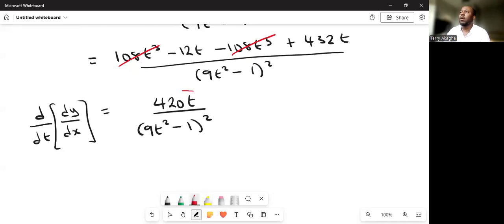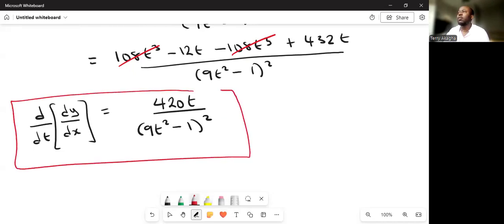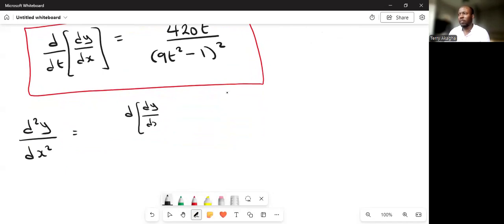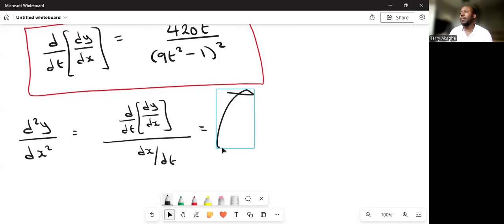The next step is that we're not looking for the differentiation of dy over dx with respect to t. We're looking for d2y over dx squared. I told you that the formula for d2y over dx squared is equal to d of dy over dx with respect to t, all divided by dx over dt.